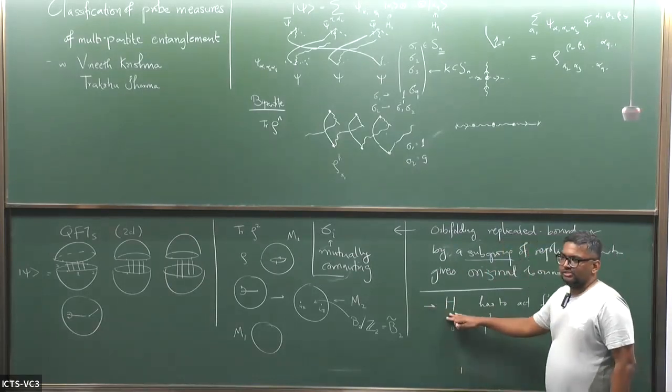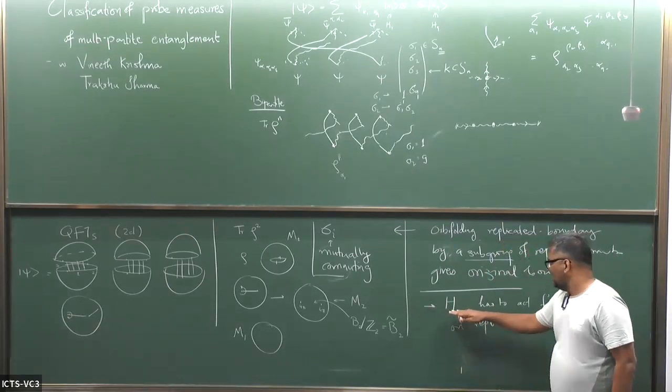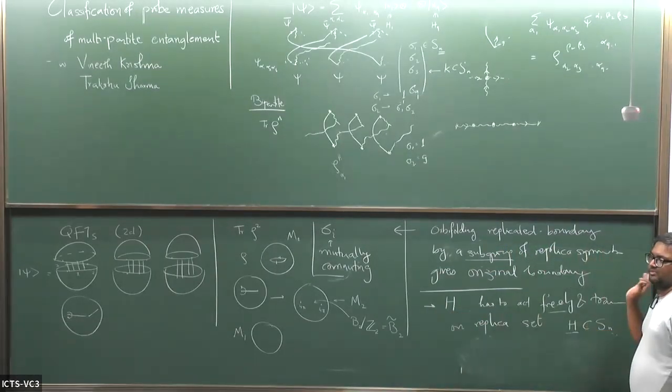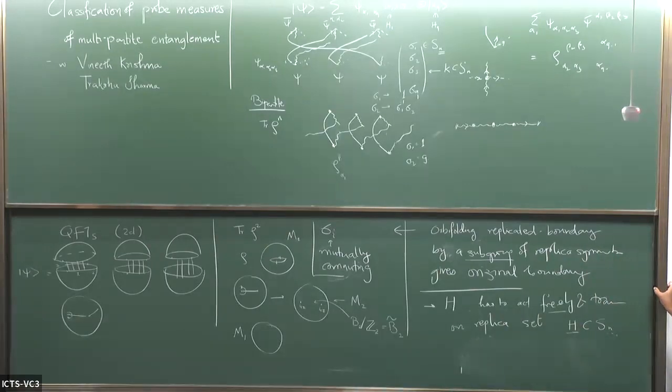So there's some H, which is some subgroup of replica symmetry, and this has the property that it acts transitively on n objects. So I just take H, and then I say that if I can choose some sigmas from those H, they will also of course commute because H is abelian.